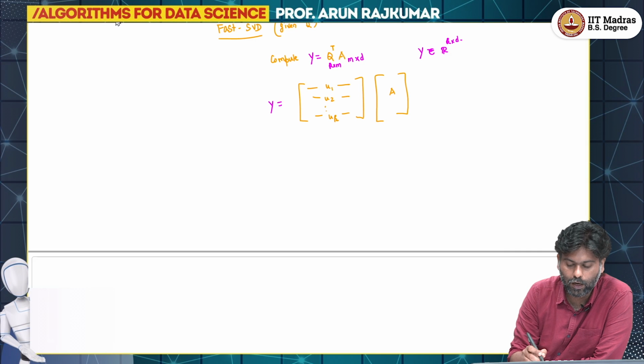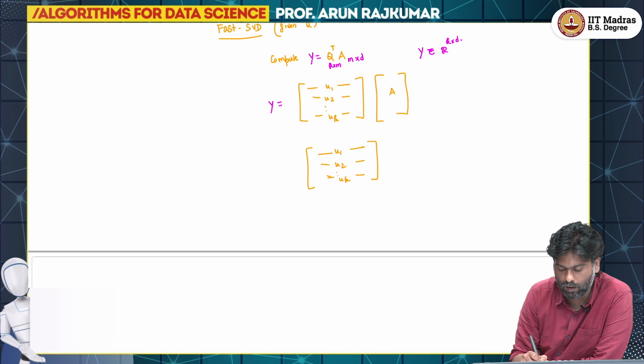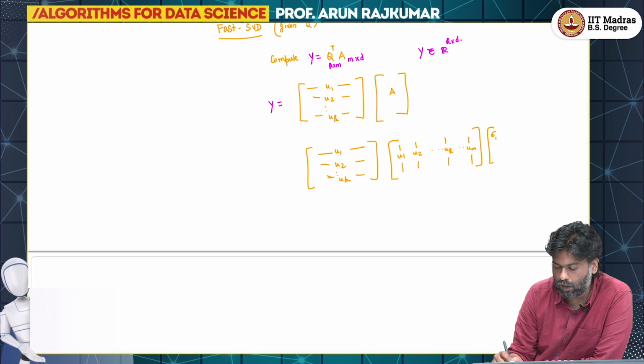I know A has an SVD that depends on U also. Just to see what exactly Y is, this is going to be u1, u2, uk, and then it goes all the way up to um, then I have sigma 1 to sigma d, and I have v1 to vd.